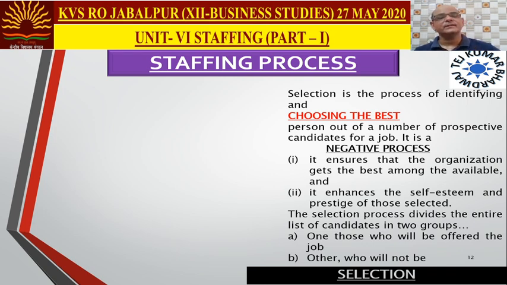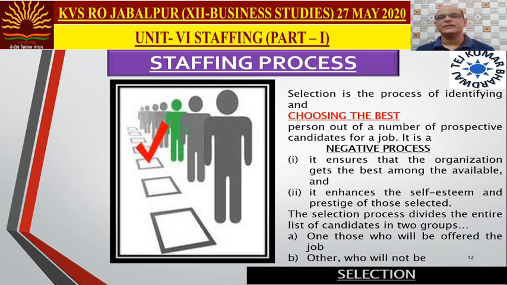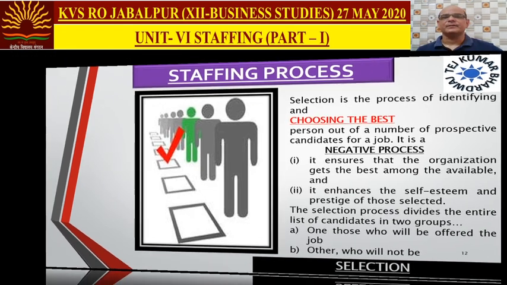So selection is the process which divides the entire list of applicants in two parts, one who will be offered the job and other who will not be offered the job. Therefore selection is a negative process. Choosing the best person out of this entire list of applicants, we need to choose the best one for our job. So this is selection.